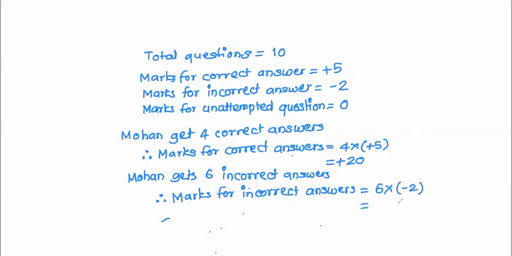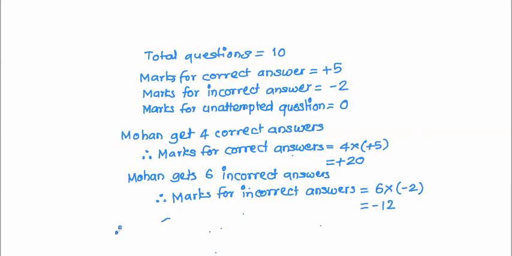Now here we'll multiply the weight. 6 into 2 is 12, and then to find sign, this is plus and this is minus, different signs will always result into minus. So Mohan gets minus 12 marks for the incorrect answers.